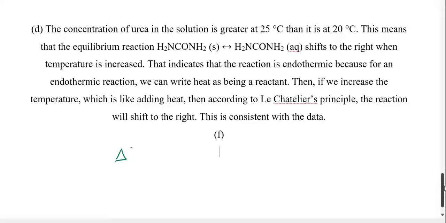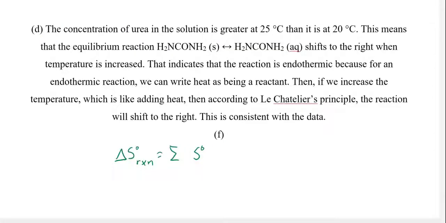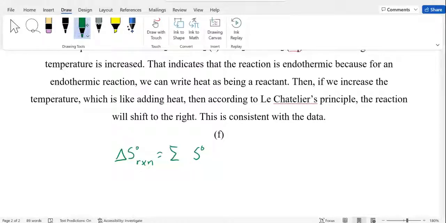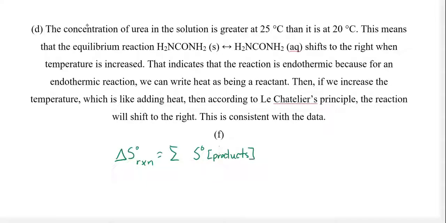Delta S of reaction is equal to the sum of the S, actually this is not delta S, this is just S, of the products minus the sum of the entropies of the reactants.